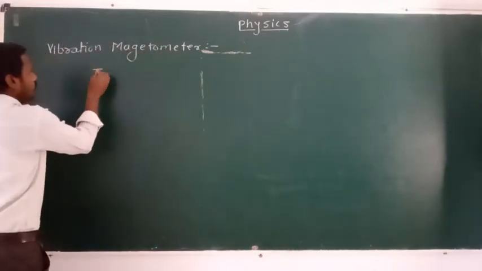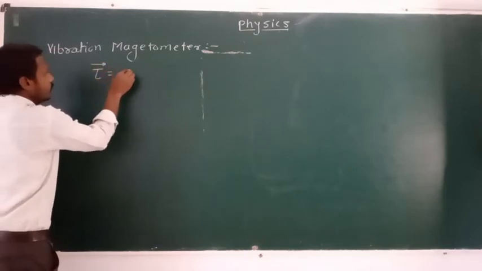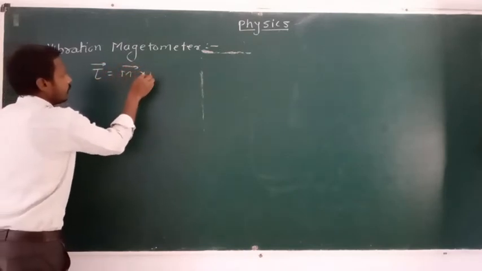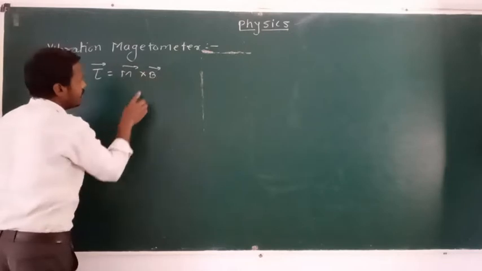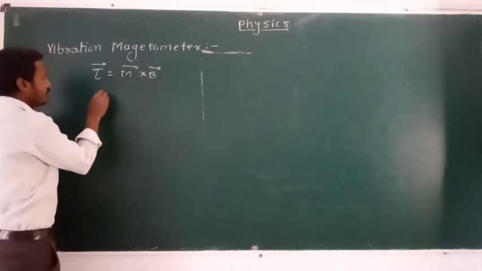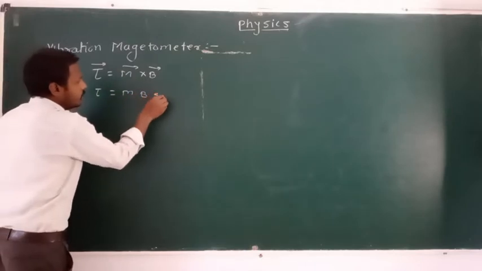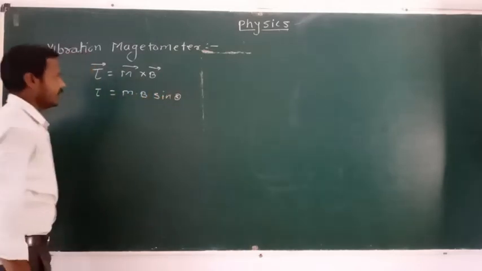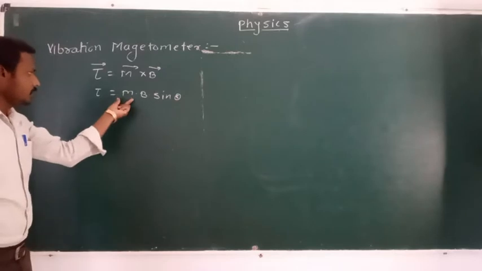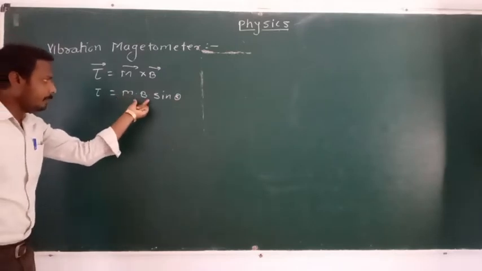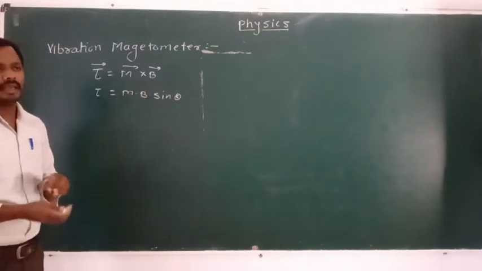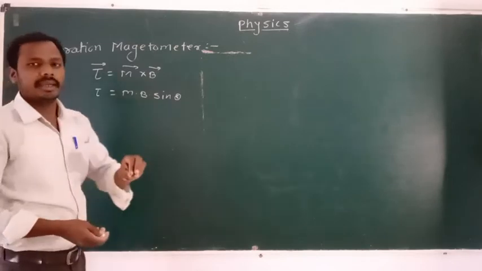The formula of the torque is tau bar is equal to m bar cross b bar. Here is the cross product. Then we can write m into b into sine theta, where m is the magnetic dipole moment and b is the magnetic induction in which this bar magnet is kept.